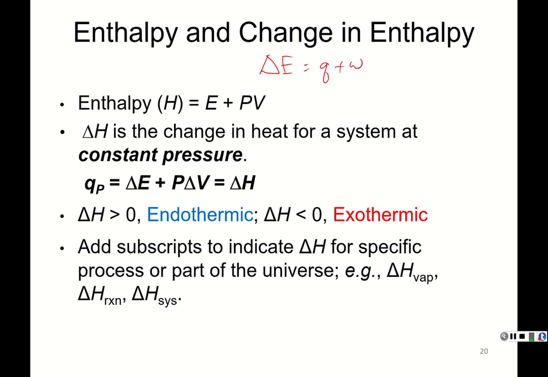Well, you can think of work as minus pressure times volume of our system. And so if we rearrange this to solve for heat, it's going to be the energy plus work, minus work, but that would be plus pressure volume. Okay, so enthalpy is actually a measure of heat.